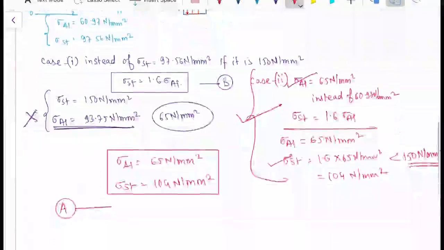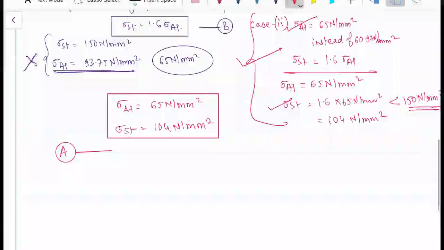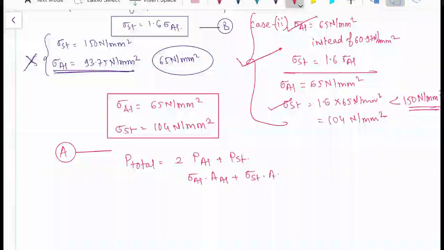The total load will be equal to 2 times load on aluminum plus load on steel. Now this load on aluminum can be written as sigma aluminum into area of aluminum, plus P steel can be written as stress on steel bar into area of steel bar. 2 will remain as it is. So the total load that we will try to calculate.